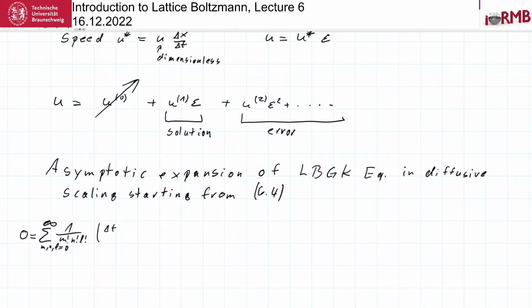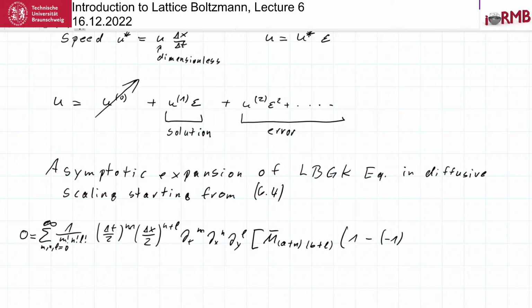We have delta t divided by 2, so I still write these derivatives here: dt^m dx^n dy^l, and here are the countable moments in bar form, a plus n b plus l, times 1 minus 1 to the power of n plus l plus m, and minus omega a plus n b plus l.